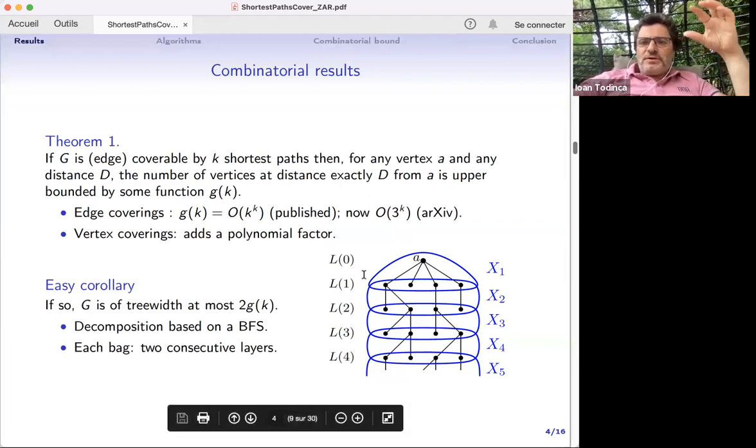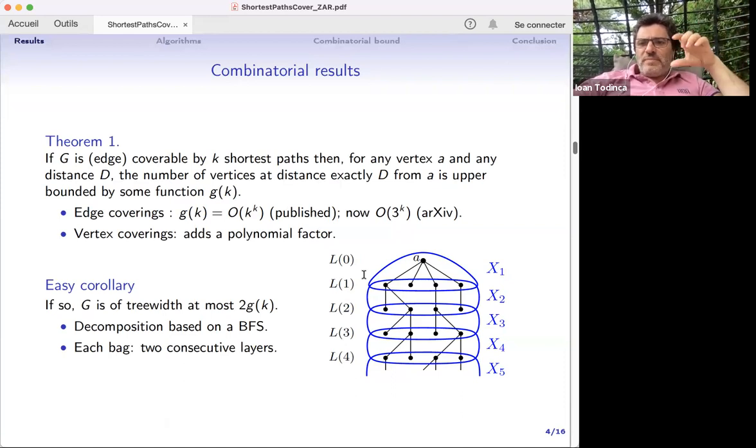So in general, a path decomposition is a sequence of bags such that each edge has both endpoints in one bag. And for each vertex, the bags containing the vertex form a consecutive subsequence of the whole sequence. So the fact that this is a path decomposition is completely trivial. And the width of a path decomposition is the size of the largest bag, actually minus 1.